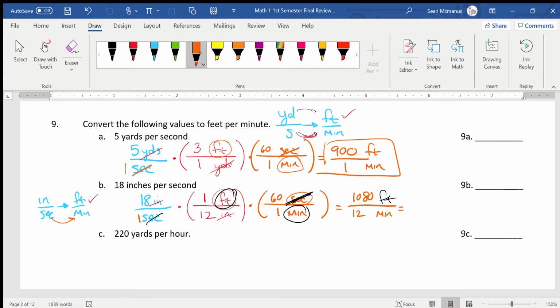Then I can reduce that, and I would get 90 feet per minute.